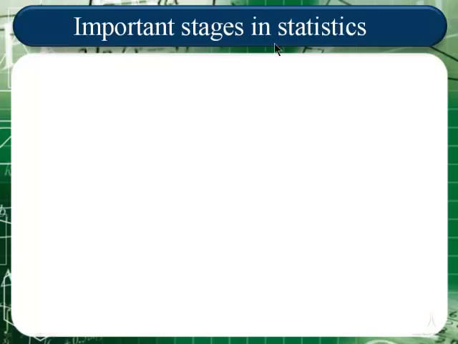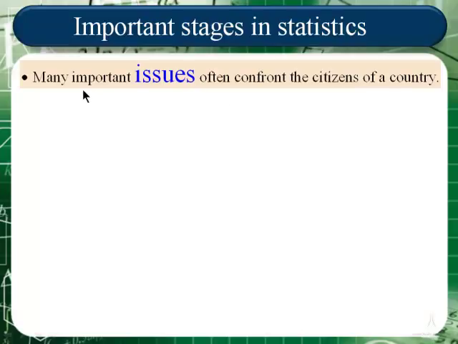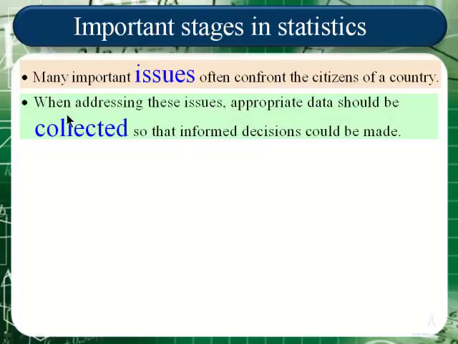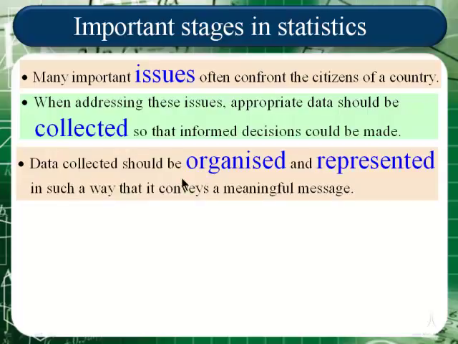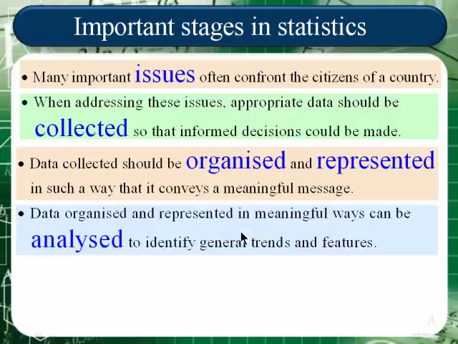Important stages in statistics. Many important issues often confront the citizens of a country. When addressing these issues, appropriate data should be collected so that informed decisions could be made. Data collected should be organized and represented in such a way that it conveys a meaningful message.